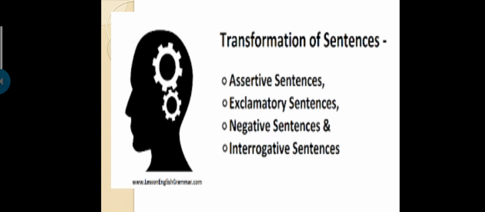In order to understand verb tenses and use them efficiently, here are the types of sentence transformation, namely assertive sentences, exclamatory sentences, negative sentences, and interrogative sentences. These will be further explained in detail in the next unit, in the next session.